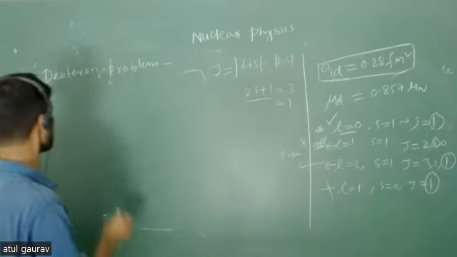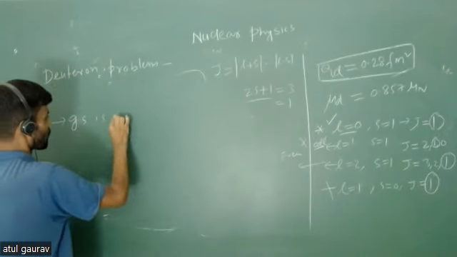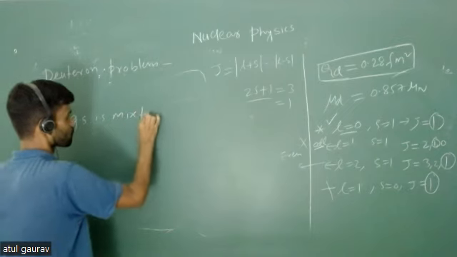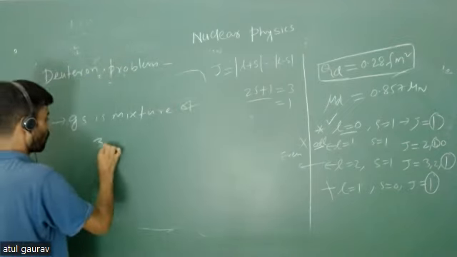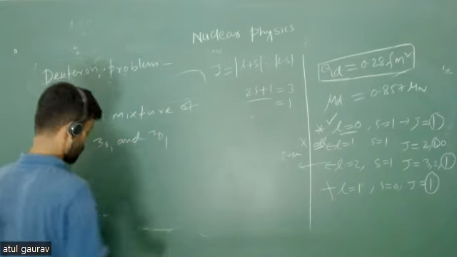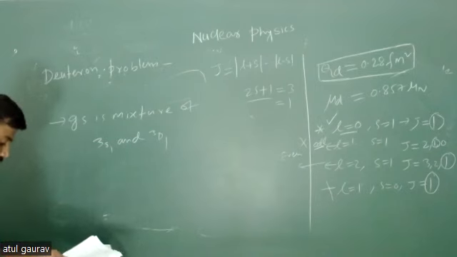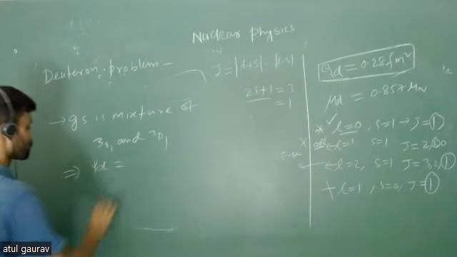Now your ground state is a mixture of what? 3S1 and 3D1. Good, right? Now the total wave function for deuteron can be written as how much?